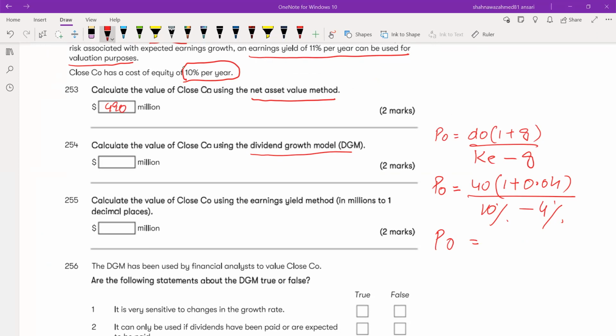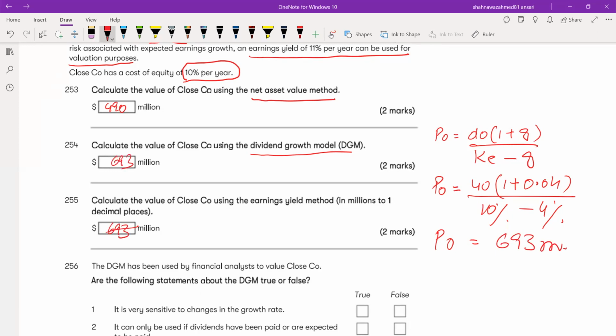Let's calculate. 40 into 1.04, and we have 693 million. So it's 693 million.